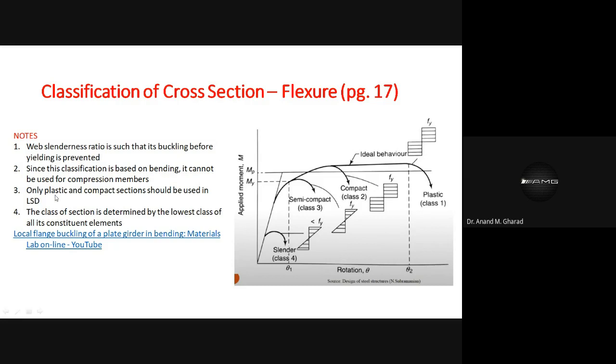Then the third point is, only plastic and compact sections should be used in limit state design. So when it comes to designing, it is a very genuine question which classification or behavior we should consider in order to design any member. As far as IS 800-2007 is concerned, it says that compact and plastic sections are sufficient to go for the design.